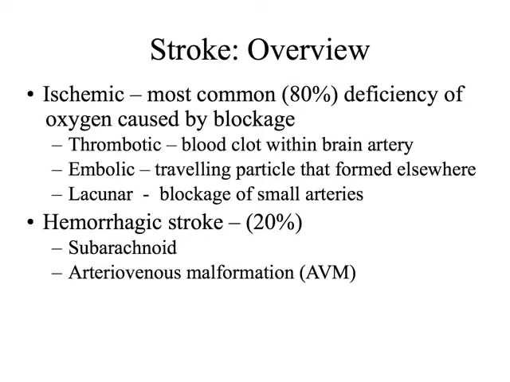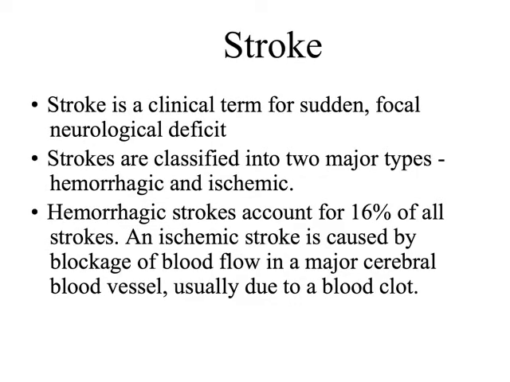And then hemorrhagic stroke is only 20% of what we see, and these could be like subarachnoid or arteriovenous malformations. There's actual malformation that's just congenital to the patient. All right, so stroke is the clinical term for a sudden focal neurological deficit, and we know the telltale signs: numbness, confusion, weakness, like typically on a single side.